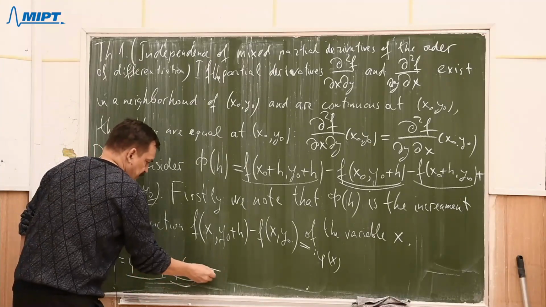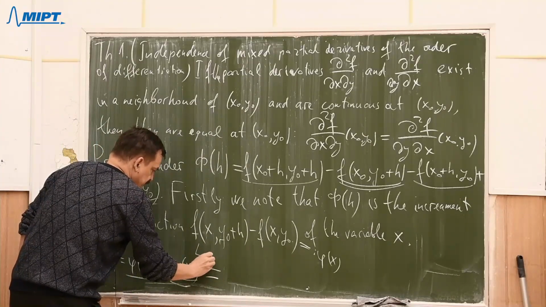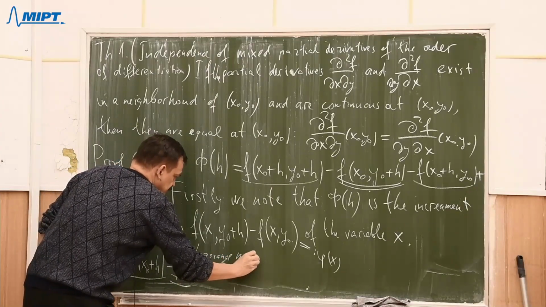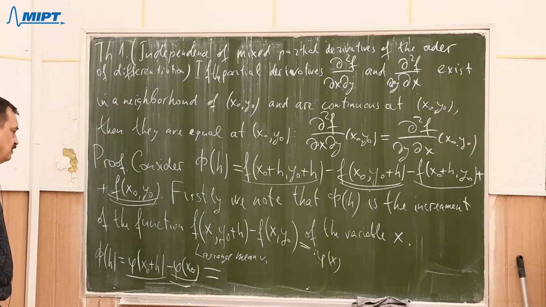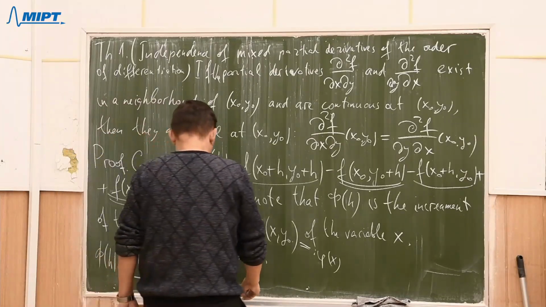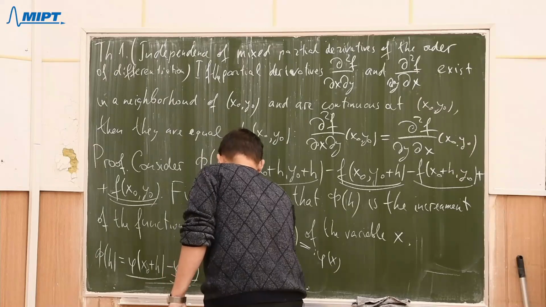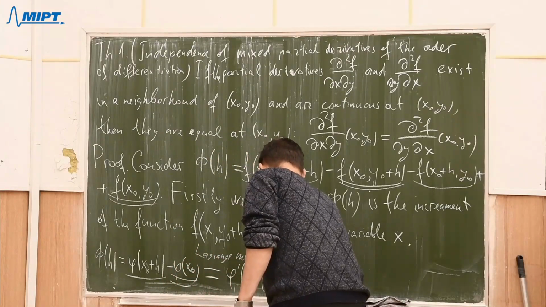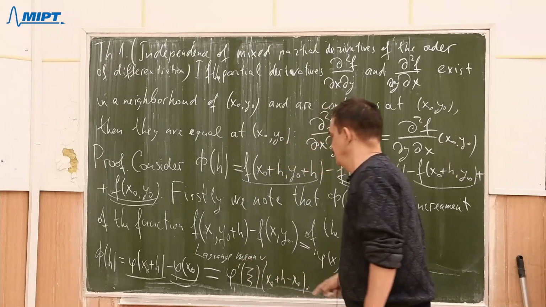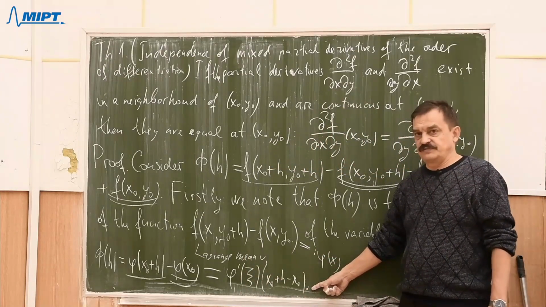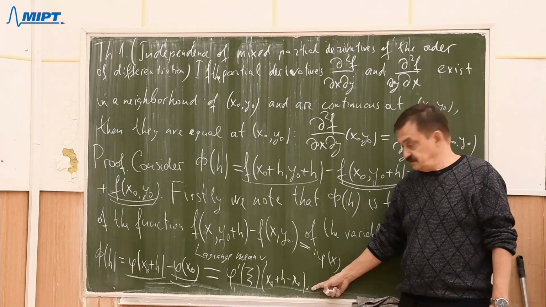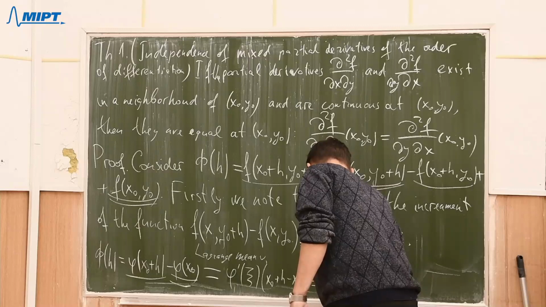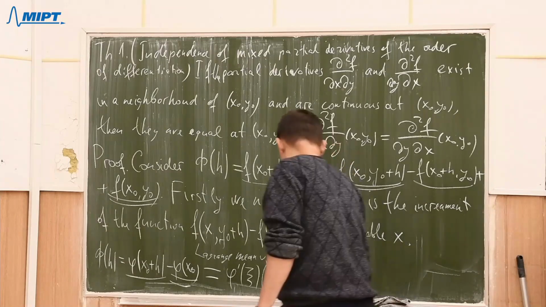Hence, by the Lagrange mean value theorem, there exists a point xi such that we can write the difference as phi prime at xi times x naught plus h minus x naught, and that is precisely phi prime of xi times h.